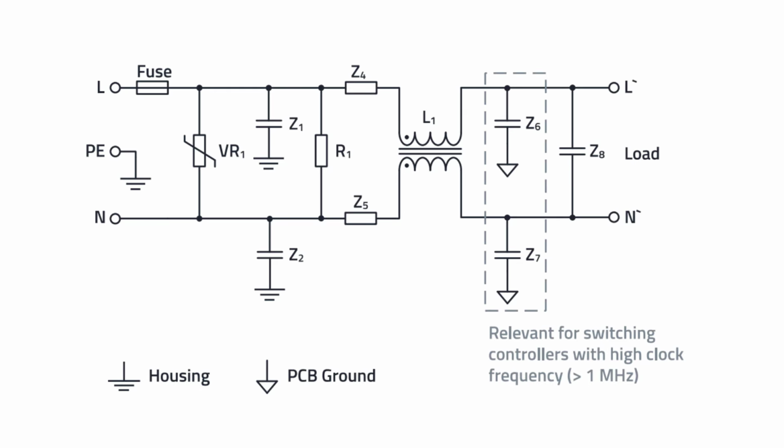However, Z6 and Z7 are capacitors with low capacitance, around 200 to 470 picofarad, and they're inserted to dampen high-frequency harmonics of the switching power supply.